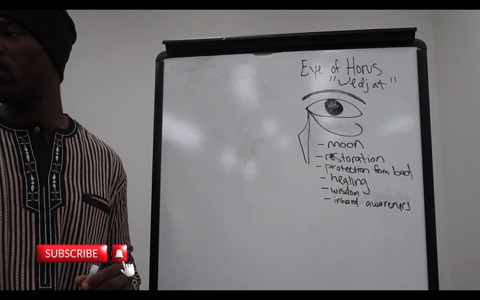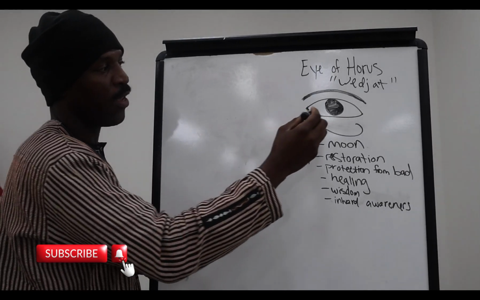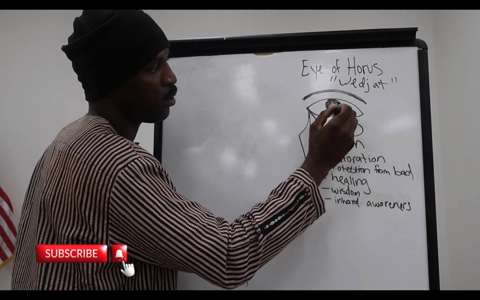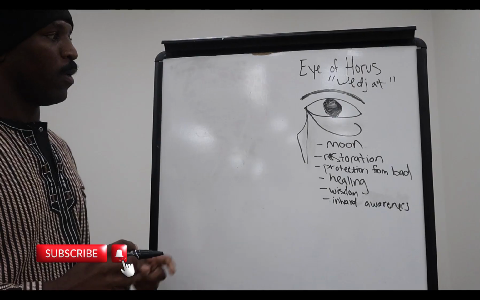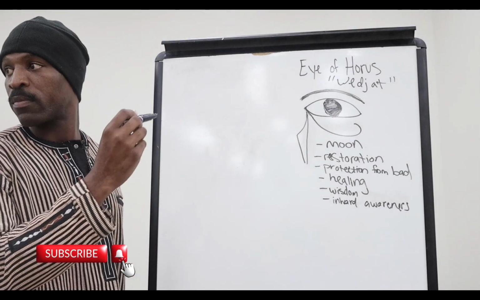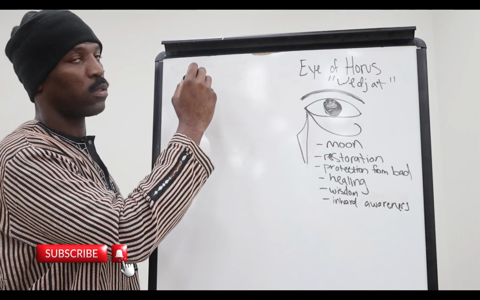Okay, so let's go into this eye here being divided. Let me connect these so we got it better. Now the analogy when this eye was divided was here.